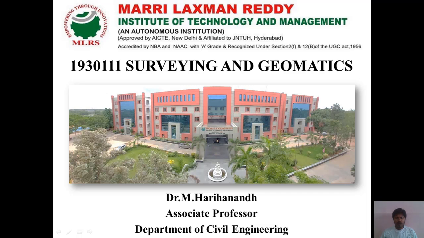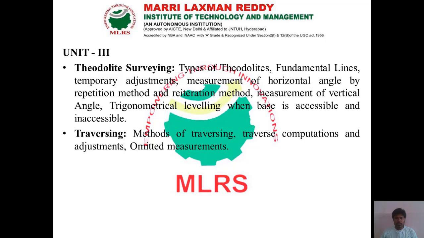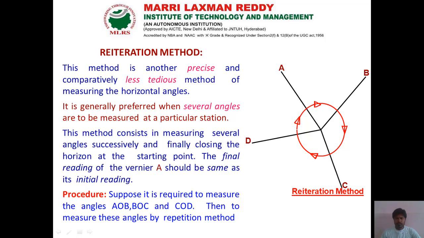Now let us discuss the reiteration method of theodolite surveying used to measure the horizontal angle. The reiteration method is used when we have more than one horizontal angle between the objects.